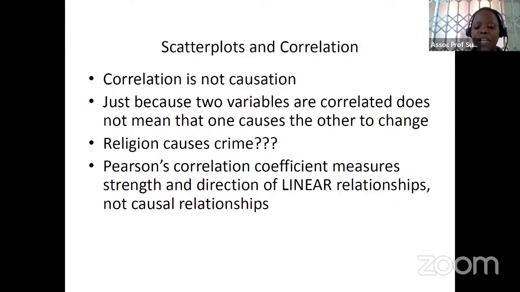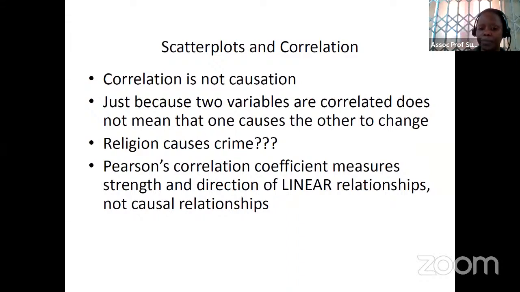So Pearson correlation measures strength and direction of relationship between two variables, and the variables have to be continuous. If variables are not continuous, for example, ordinal data, then we calculate Spearman's correlation.